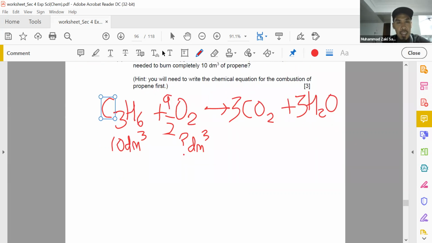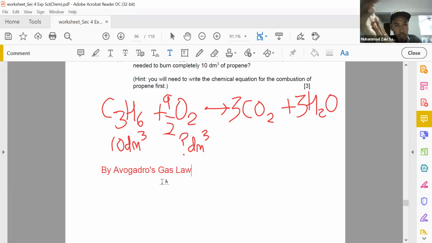So for gases, you can compare directly: C3H6 to O2.